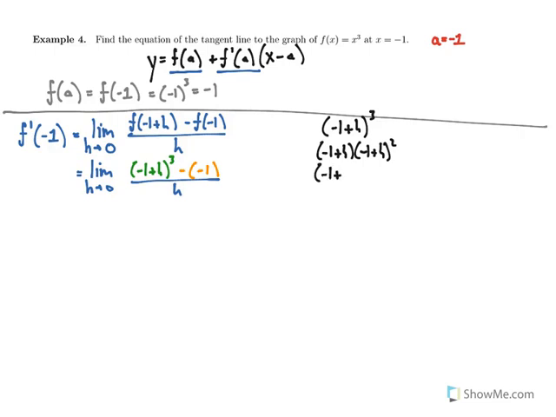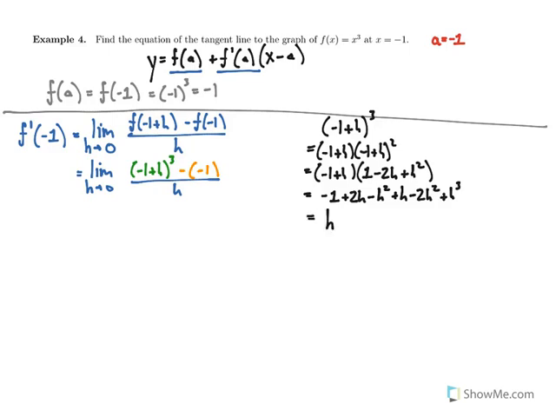This will be negative 1 plus h times 1 minus 2h plus h squared. And then finally we can write this as negative 1 plus 2h minus h squared plus h minus 2h squared plus h cubed.